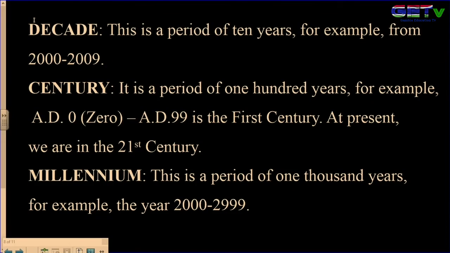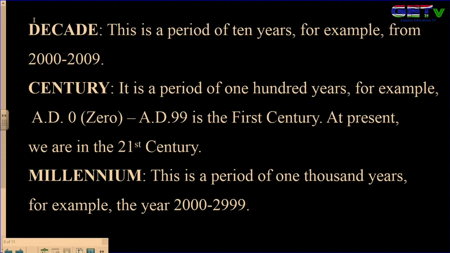Presently, we are in the 21st century. We will come up with other examples of centuries in a table in the later part of the lesson.